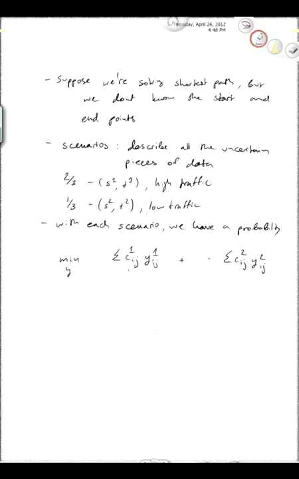In this objective function, I'm just literally going to weight these by their probabilities. And the constraints are just going to be totally separate for these two. So here I have everything that's going into S1 minus everything that's going out of S1.